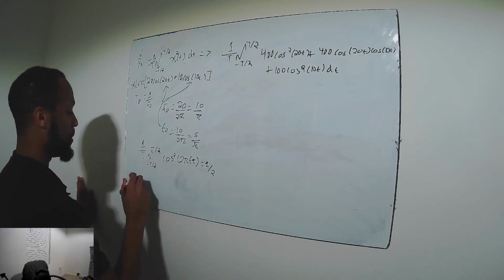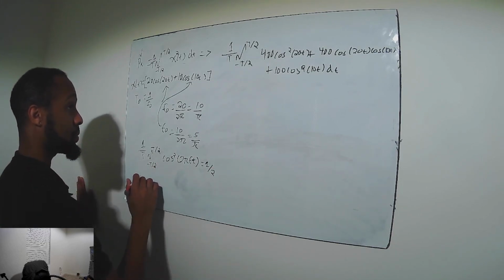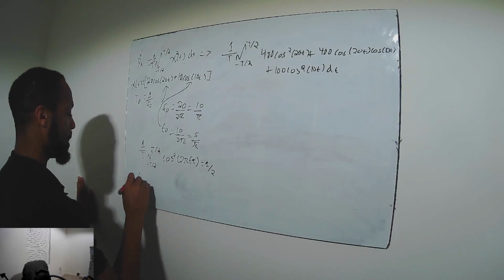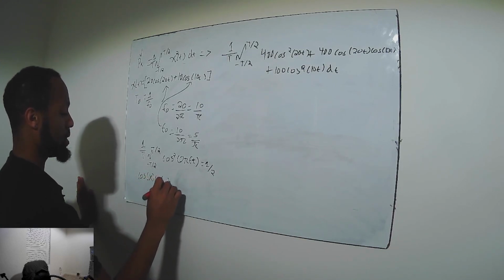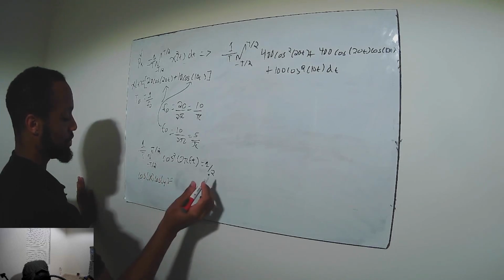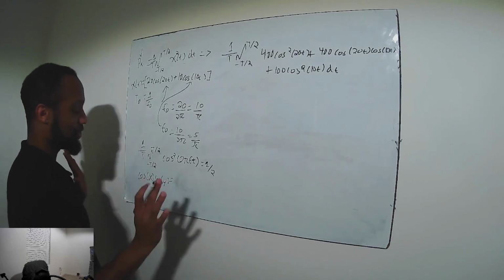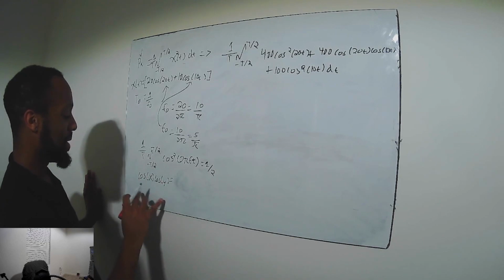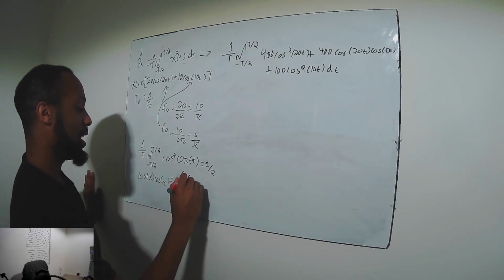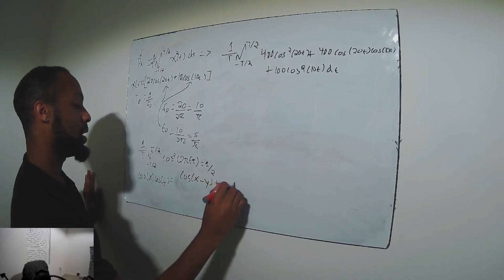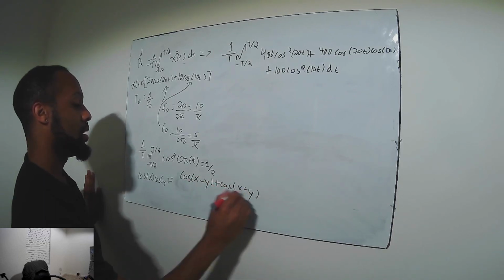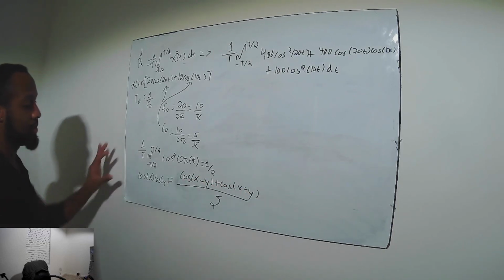Another property we're going to use is trig: cosine x times cosine y is equal to cosine of x minus y plus cosine of x plus y, all divided by 2. So we're going to use these two properties to solve.